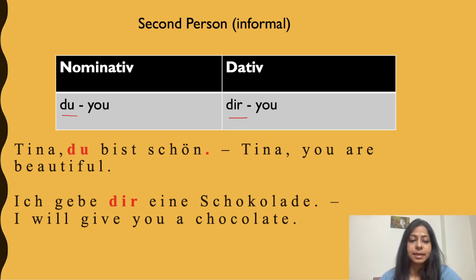So in this sentence again, ich is nominative, eine Schokolade is accusative, and dir is the dative object. Because it's a dative object here, ich gebe dir eine Schokolade, we are using the personal pronoun for du in dative case, which is dir.